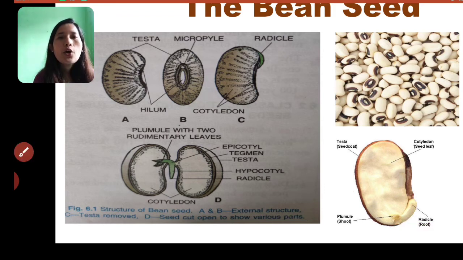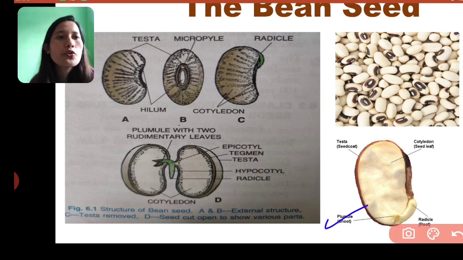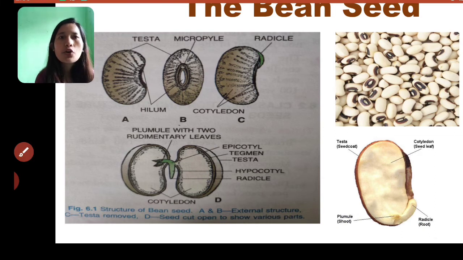Radicle will later on give rise to the root system. R for radicle, R for root, so it's going to give rise to the root system. And the other one, the plumule portion, is going to give rise to the shoot system. So that's all about the structure of a bean seed, that is the structure of the dicot seed.